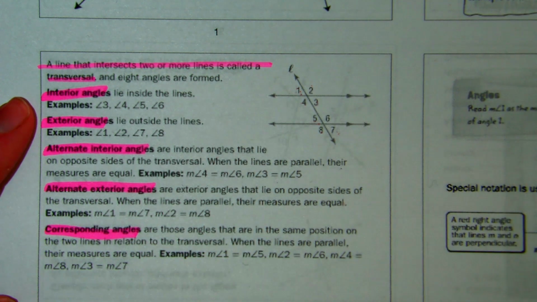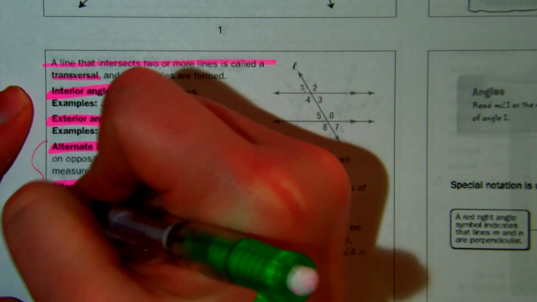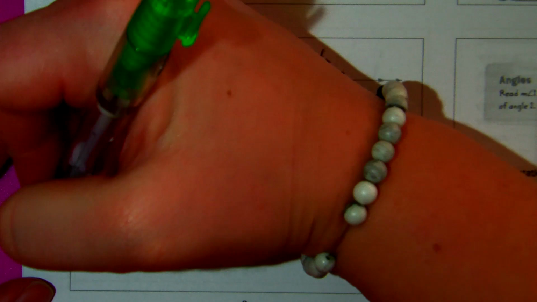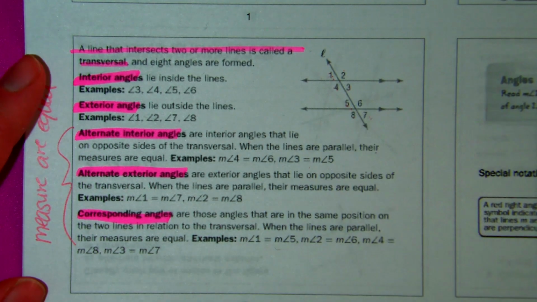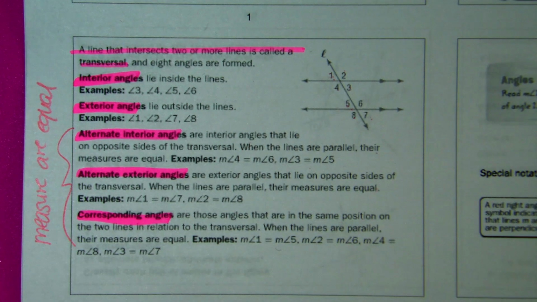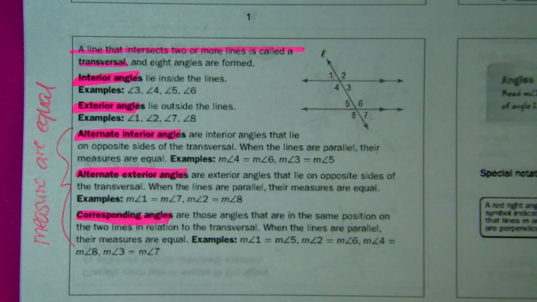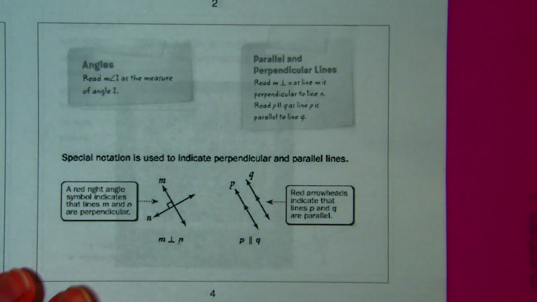Now, what's unique about all of these three is that the measures, or their degrees, are equal. So if you know 1, you know 5 because they're corresponding. You also, from last year, know that 1 and 3 are vertical, so those would also be equal. So some kind of neat stuff. We're going to explore that here in a little bit. So if you need to pause, pause because there's a lot of vocab there.